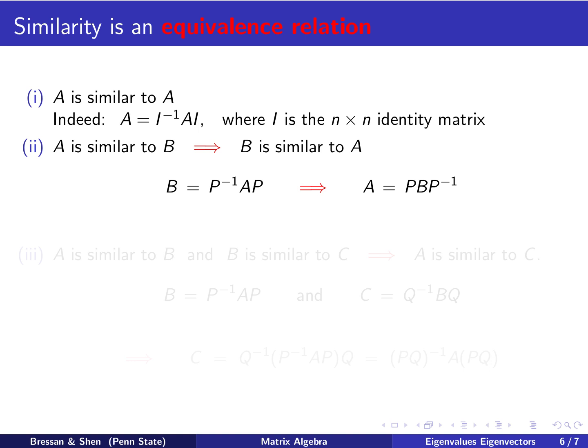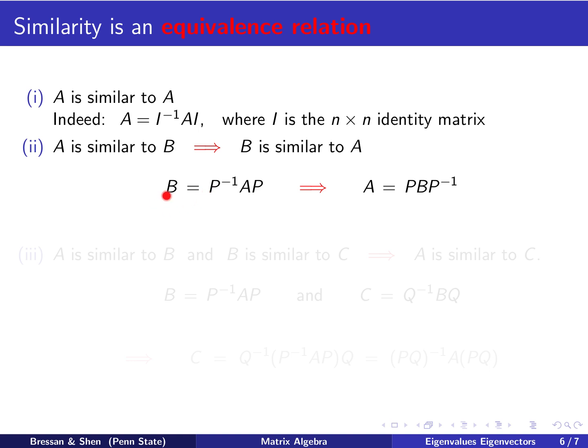So this says that B equals P inverse times A times P would imply A equals P times B times P inverse. And this you can easily verify by multiplying P on the left of this equation.